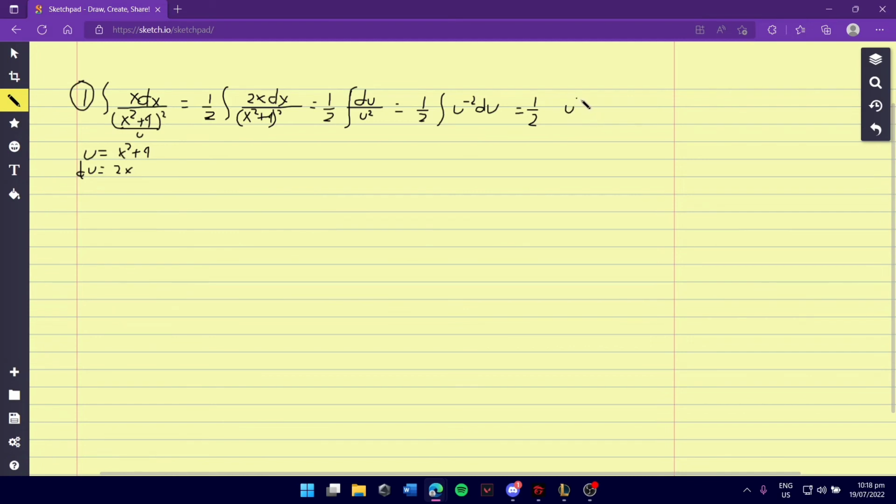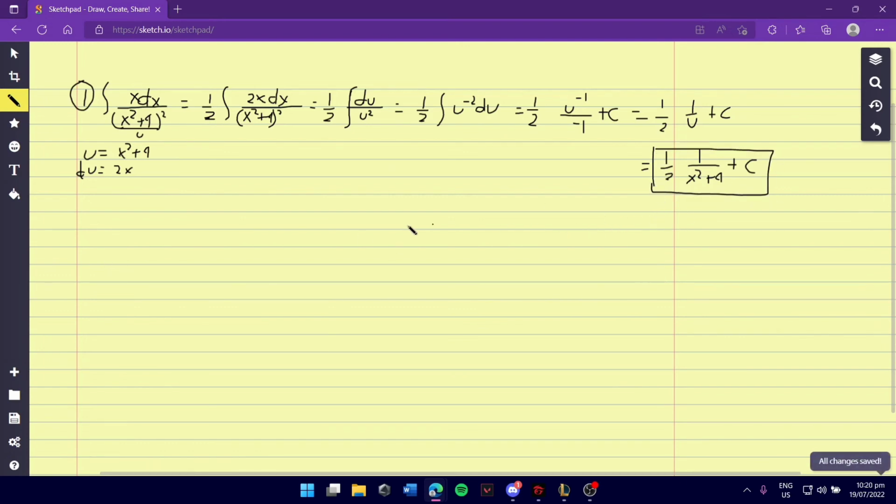It will become u raised to negative 1 over negative 1, and then add our arbitrary constant, which is c. Copy 1 half. Simplifying this, it will become negative 1 half times 1 over u, then our arbitrary constant c. Now we will distribute our u, so negative 1 half times 1 over x squared plus 4, then add our c. This is your final answer for example number 1.